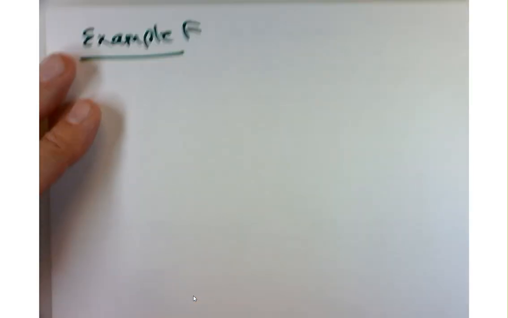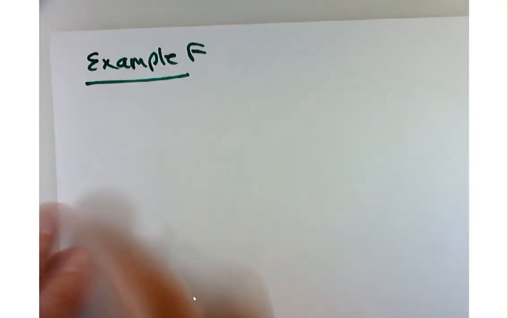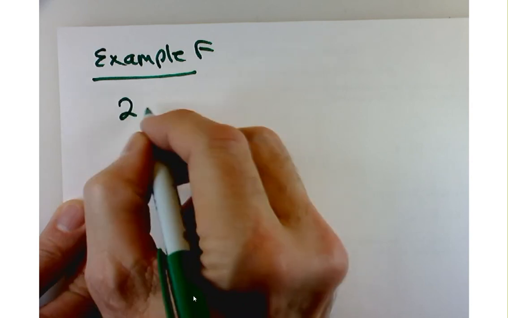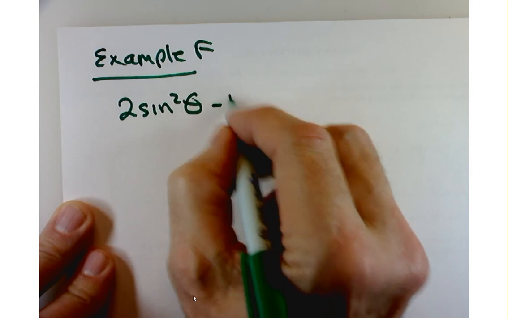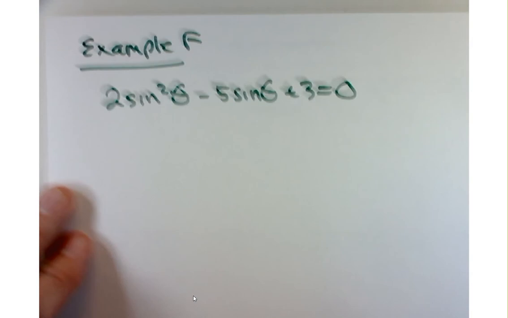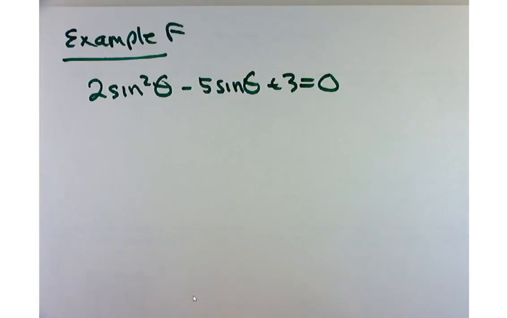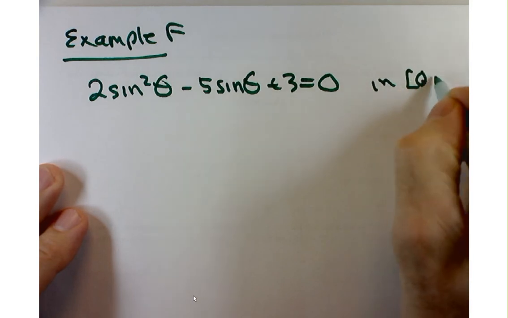So we'll call this one example F. Two sine squared theta minus 5 sine of theta plus 3 equals 0. Suggestions. Where would you start? Again, we're trying to solve this in the interval 0 to 2 pi.